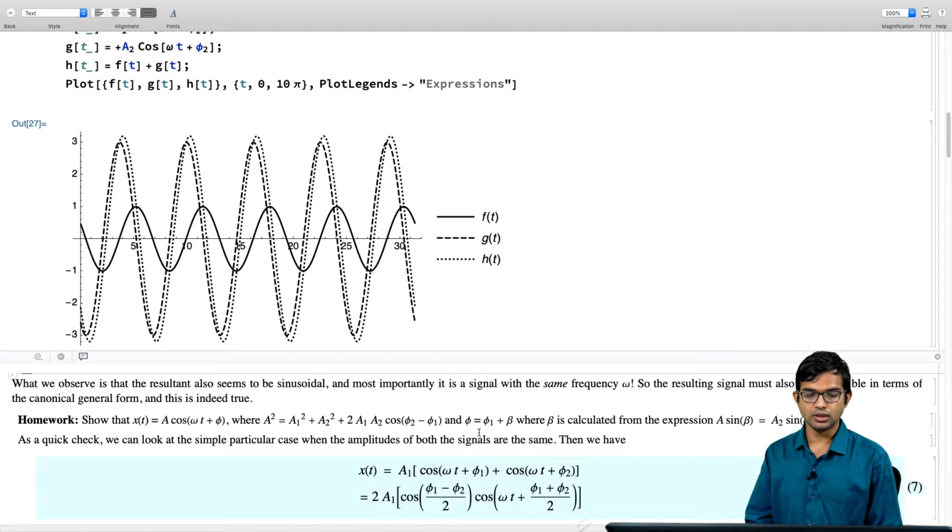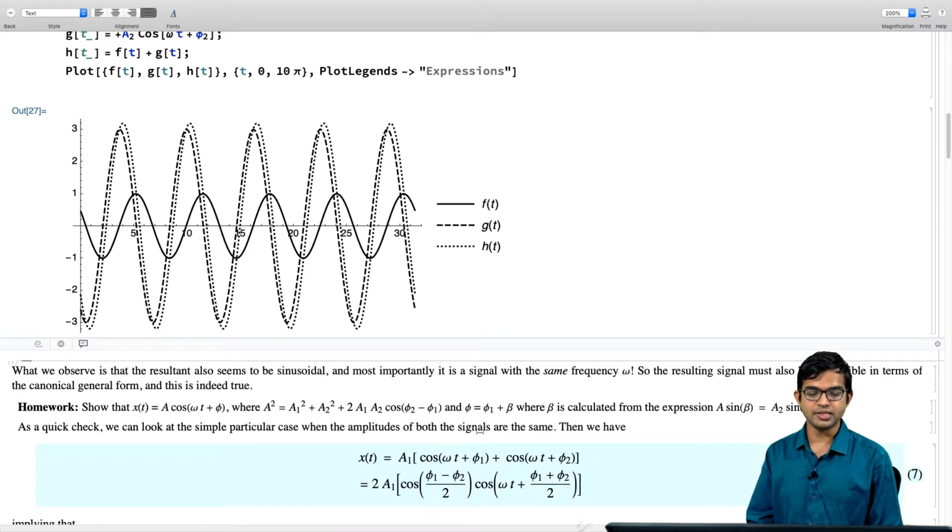Okay, in order to quickly check that what I have flashed here is reasonable, we can take some special cases. Suppose you take the case where both the amplitudes a1 and a2 are the same.